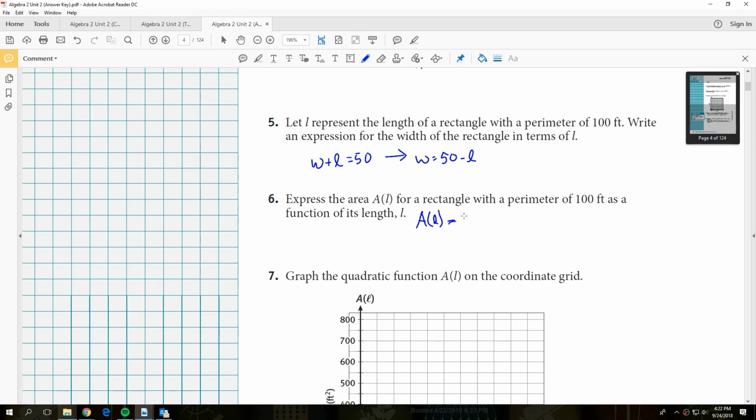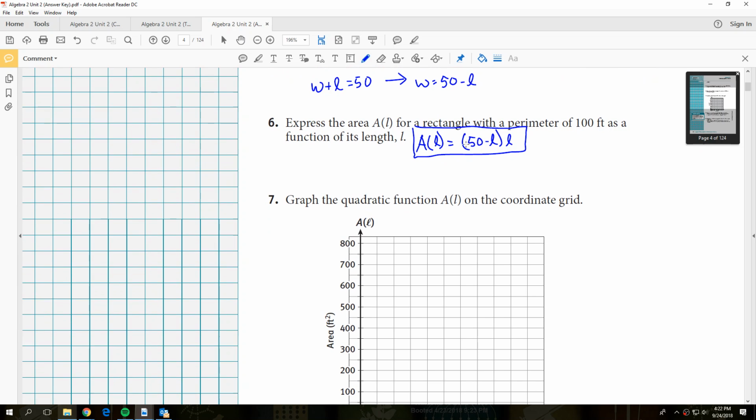The width was 50 minus L times the length, which is just L, and that's it. There's your expression, or your equation, actually.